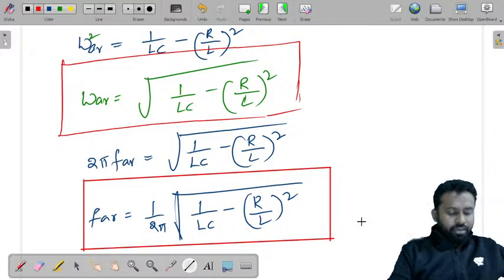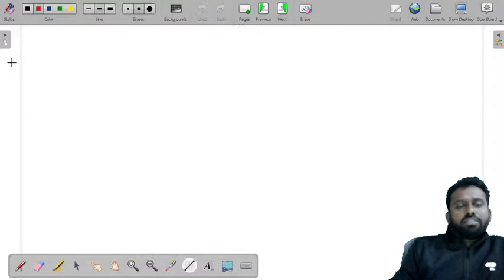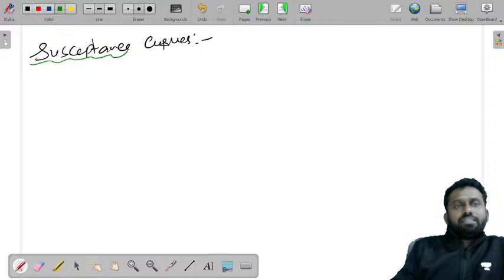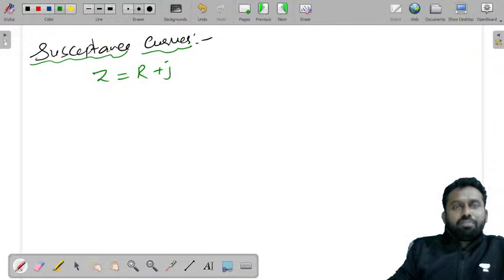Now you will consider susceptance curves. Let us consider susceptance curves. So we know Z is equal to R plus jX.